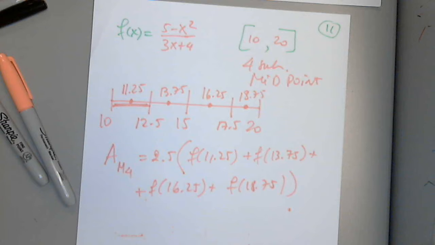Now we have to put in the whole thing. We're going to put in 2.5 multiplied by the function. Now be very careful, we need parentheses around the top. So I have 5 minus the list L1 squared, close the parenthesis, divide by, open the parenthesis, 3 times list L1 plus 4.